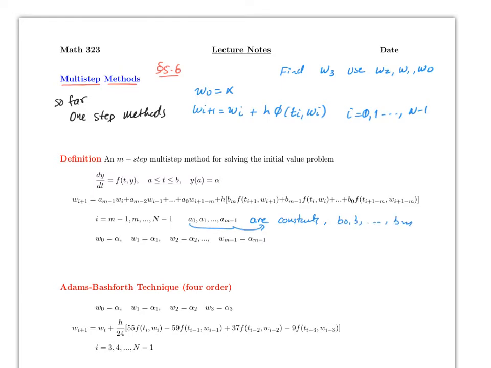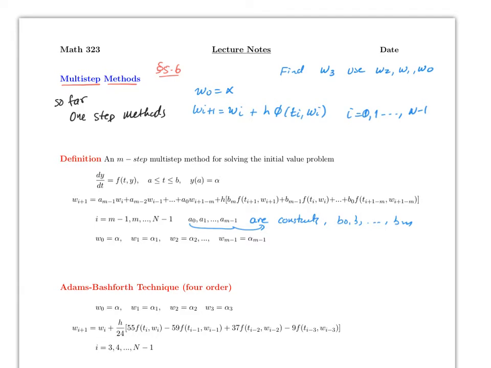Notice how usually the value for a_{m-1}, in the previous methods we did, since we only have one of them, the value is usually 1. And in the method we're going to do right now, this is also usually 1, but these are just constants in either case.